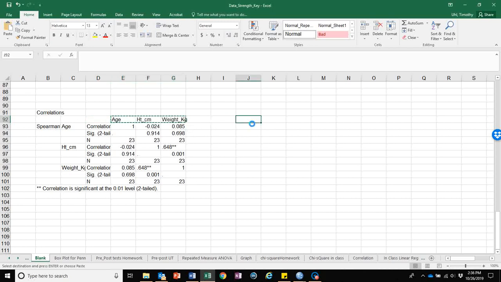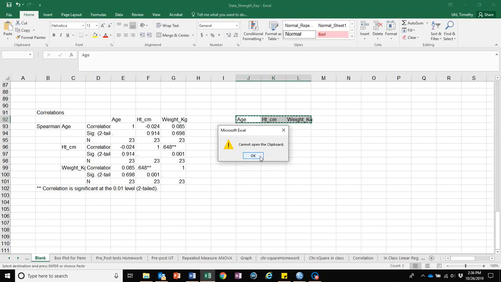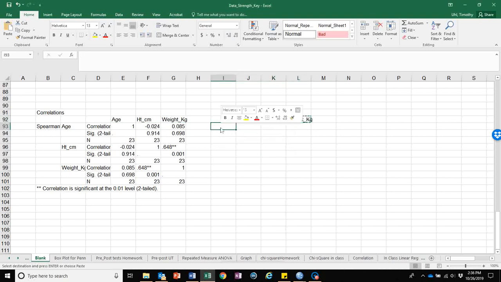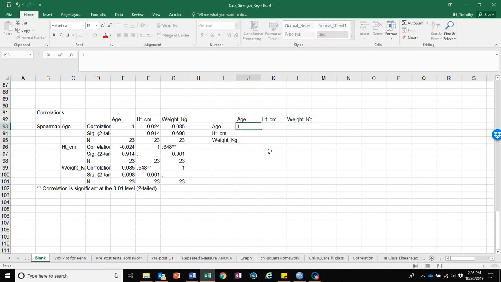I just copy that over and transform it. Now that's always going to be a 1, or you can just leave it blank. This is always going to be a 1.